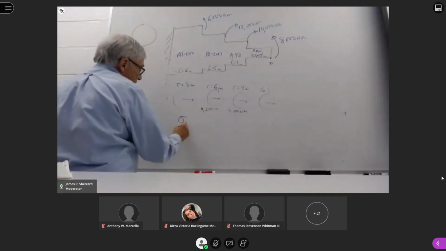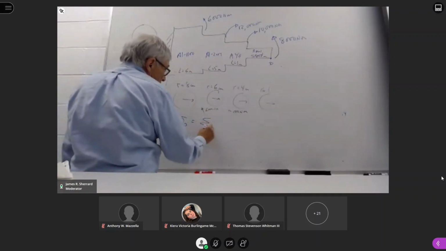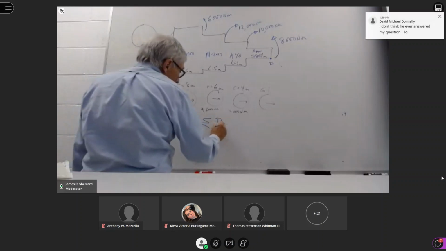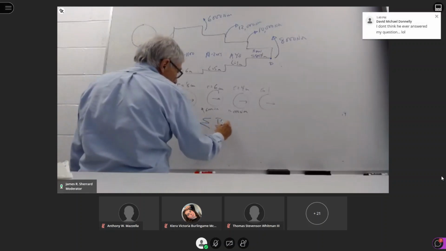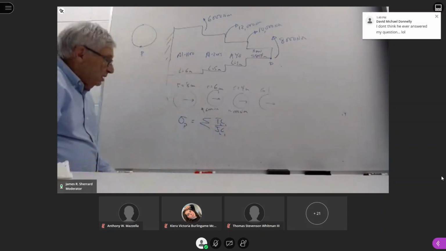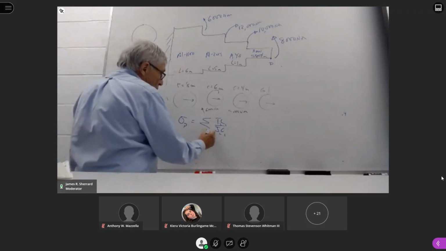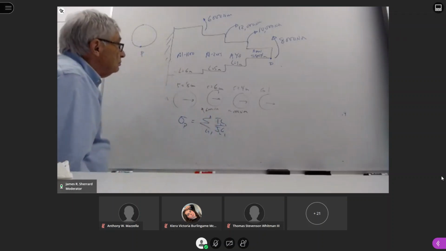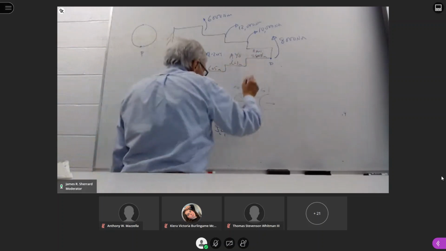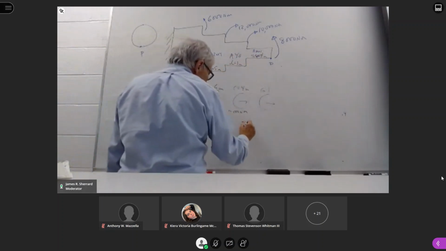And I know the rotation of P is going to be the sum of TL over JG for however many sections I have, from 1 to 4. Here we have 1, 2, 3, 4. So I'm going to have 4 of these guys.